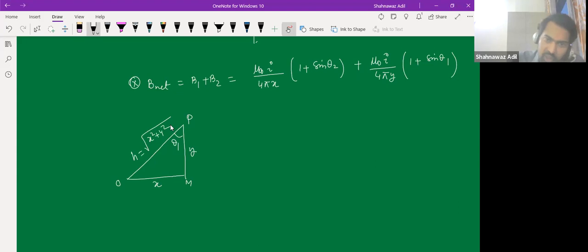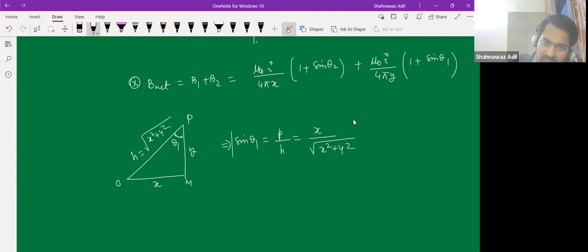So what would be sine of theta 1? Remember, sine theta is P by H, right? For this theta 1, this is the base, perpendicular is x. So x by root of x square plus y square.